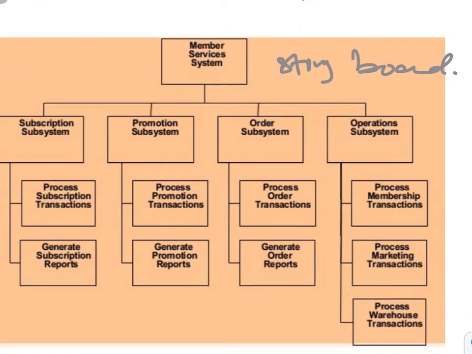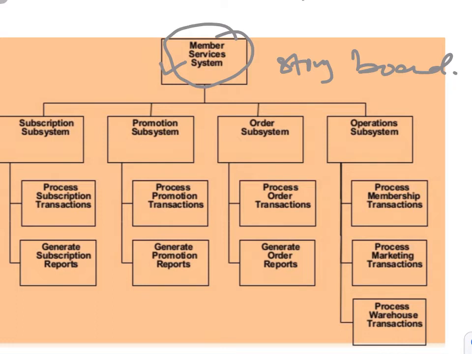Alright, tengoklah kat sini. It starts from nama sistem tersebut. This is the name of the system, member service system. And then how many processes that you have. Number 1, contoh subscription subsystem. Number 2, promotion subsystem. Number 3, order. So it depends on how many processes that you have, it depends on your system lah.